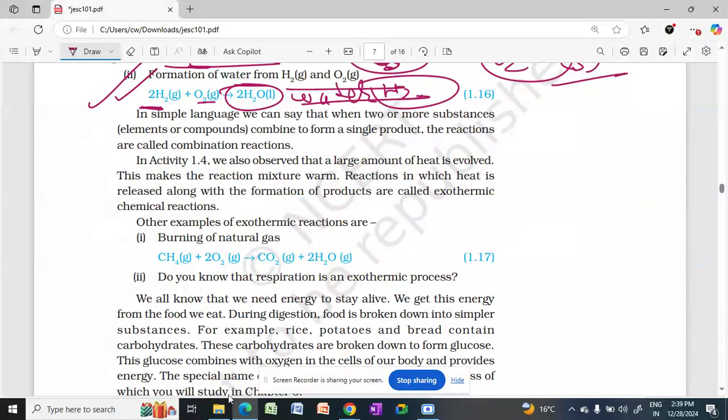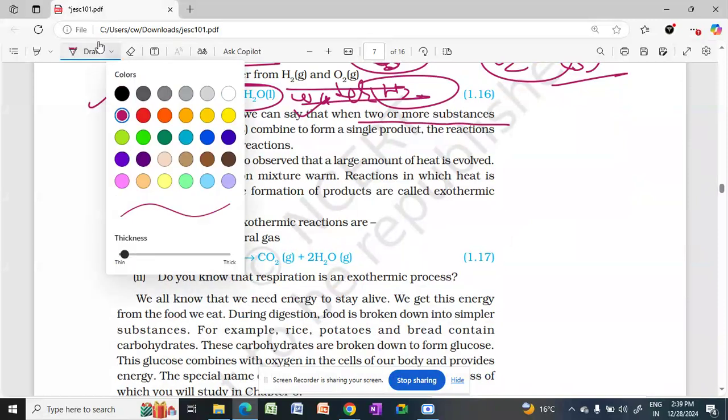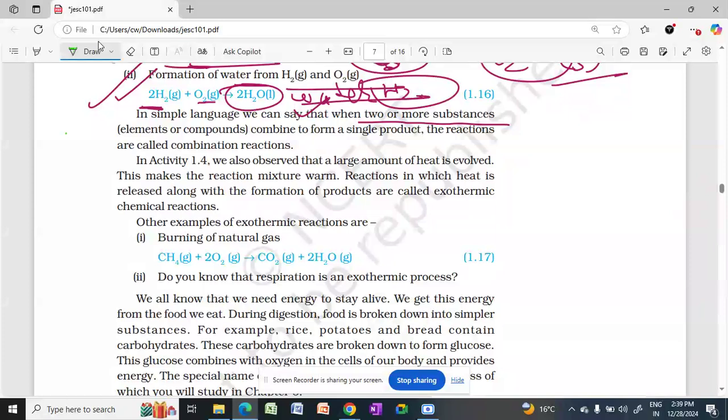So in simple language, we can say that when two or more substances, those substances can be elements or compounds, combine to form a single product, those types of reactions I will call combination reactions.